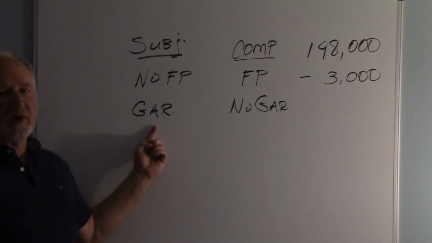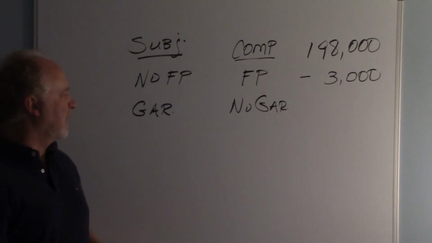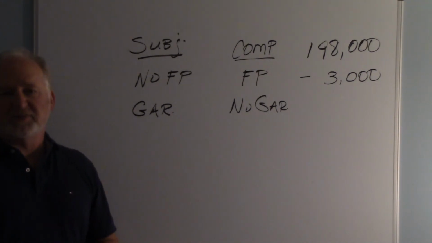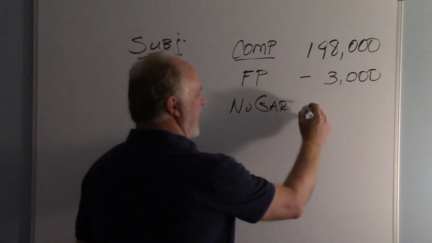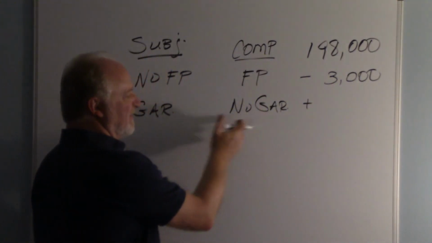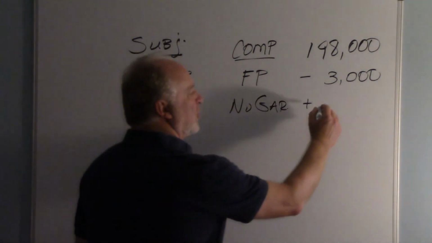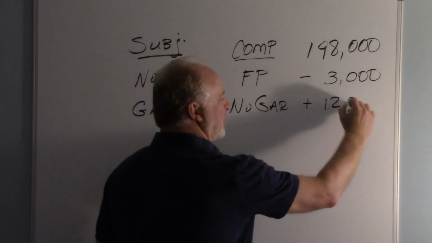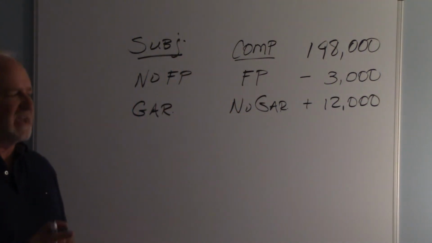The subject has a garage. So the comp is inferior to the subject property. It's inferior, so therefore we're going to increase its value, increase or add. No garage is definitely inferior to a garage. And it was given in the problem, $12,000 was the value of a garage. So you can see the adjustment starting to take place.